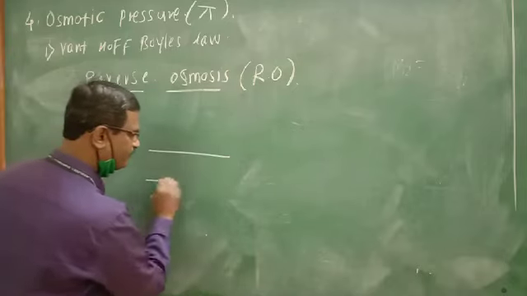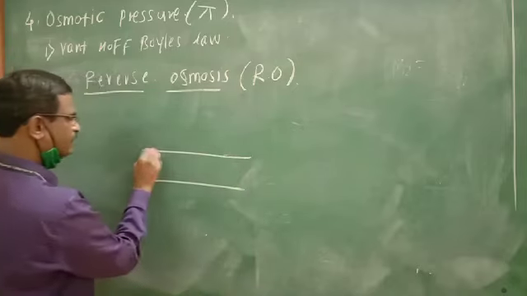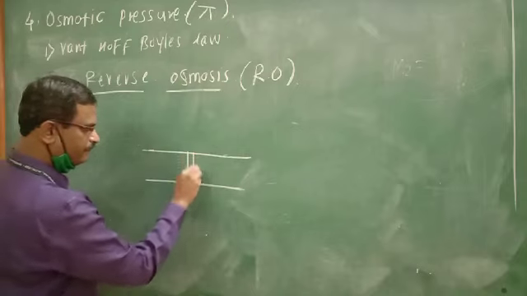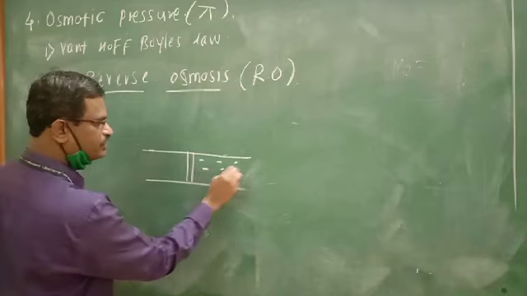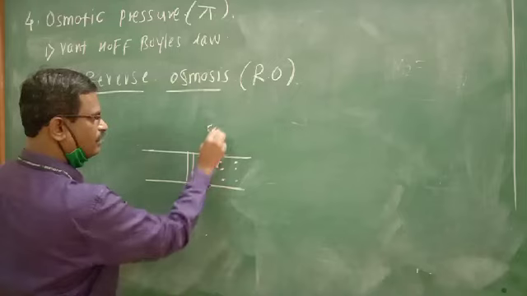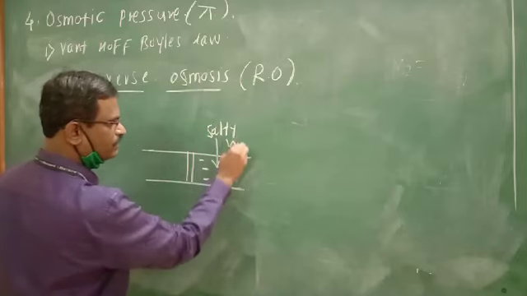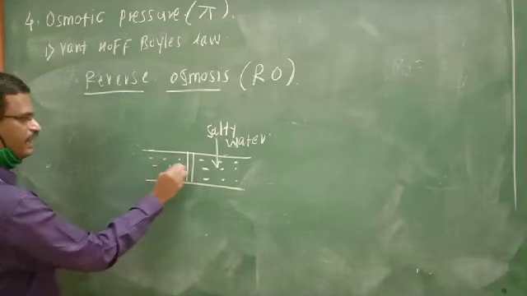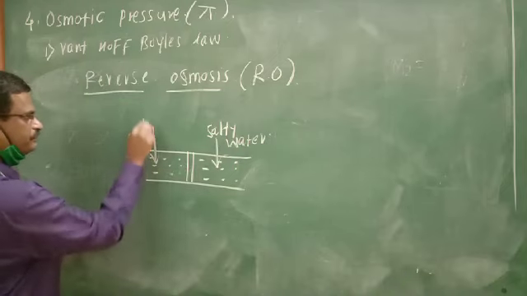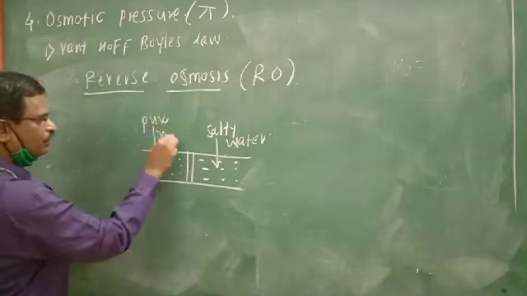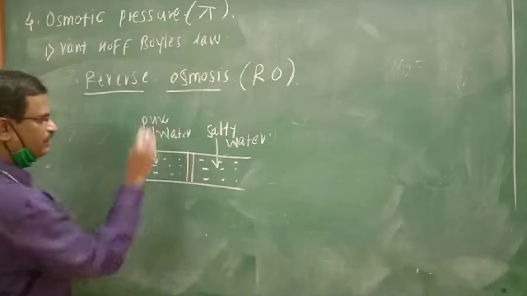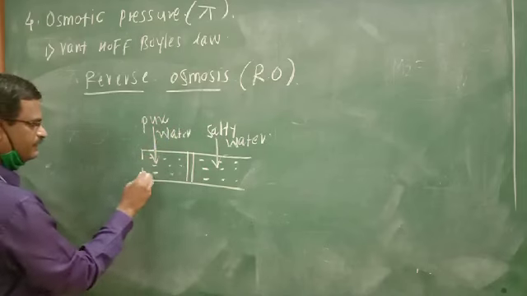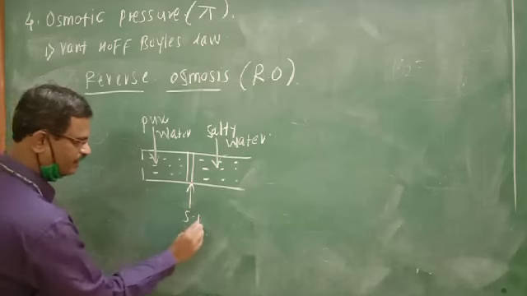See the same diagram. Suppose this is the semi-permeable membrane. Here we have salty water which we cannot use for drinking purposes, and here is pure water. These two samples of water are separated by a semi-permeable membrane at the center.